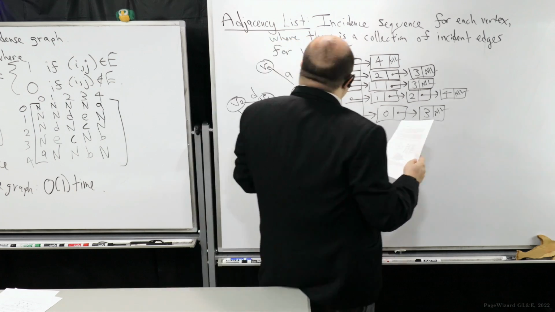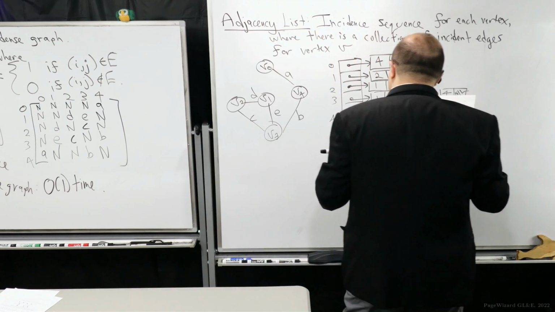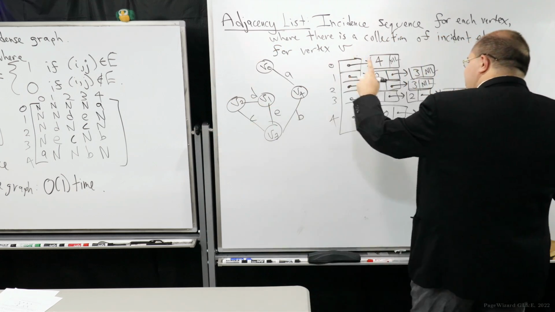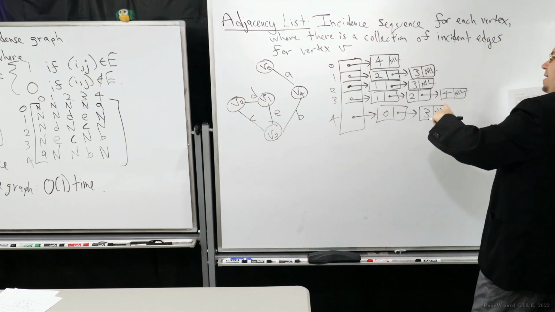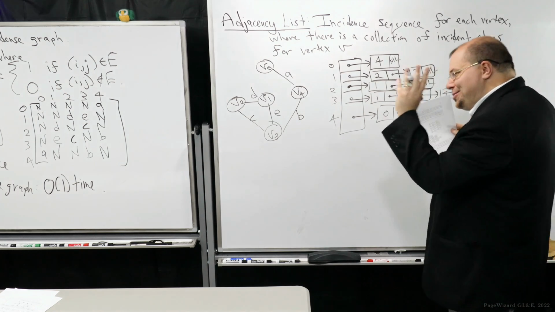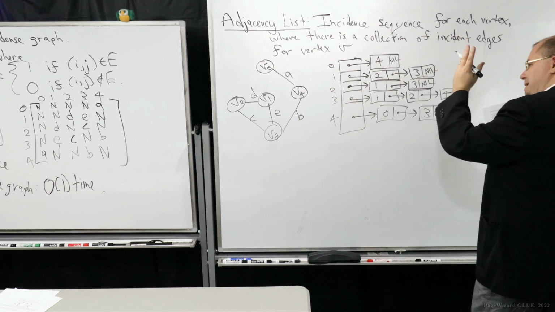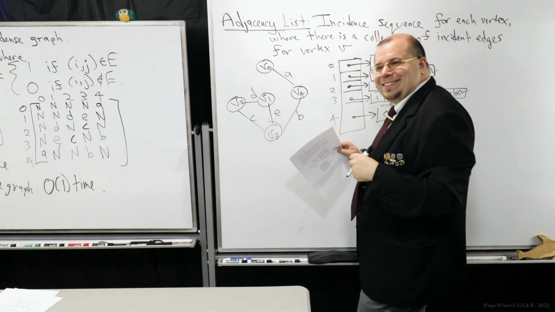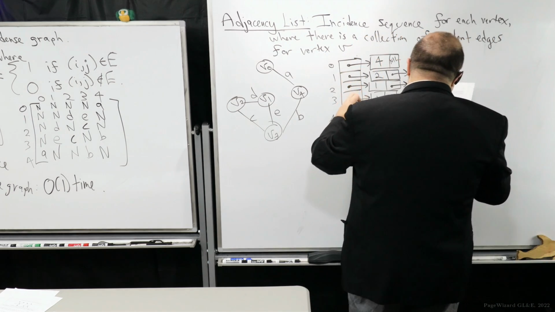So that's the adjacency list. It's surprisingly simple, as long as you understand that over there you're dealing with a two-dimensional array, and here you're dealing with an array, with each entry having a linked list. If you know how to implement a 2D array and a linked list, you can implement any one of these graphs. Piece of cake, right?